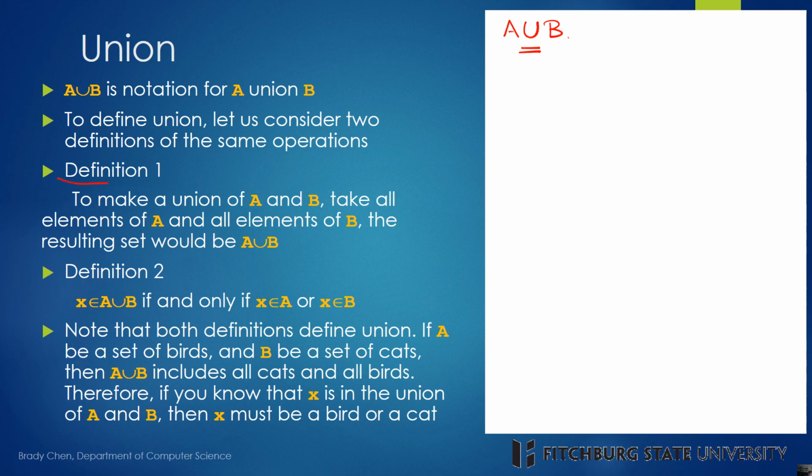Definition one is based on the elements of these sets. To make a union of A and B, you take all elements of A and all elements of B and put them together, and the resulting set would be A union B.